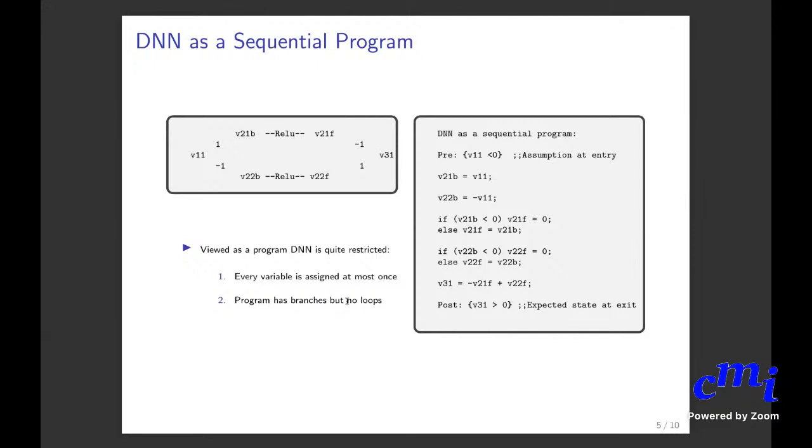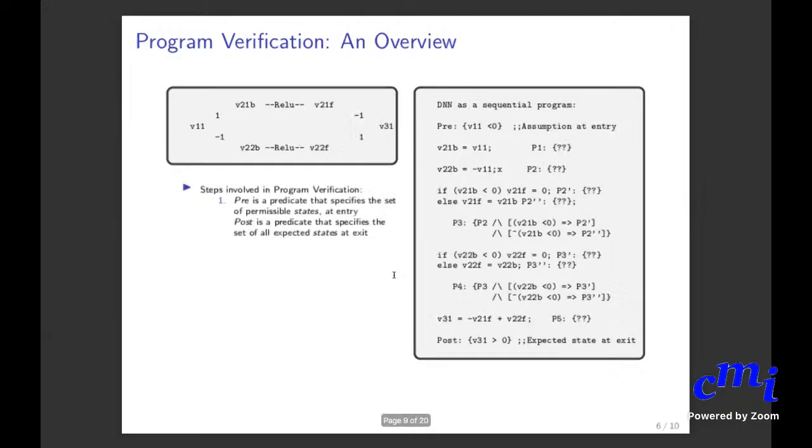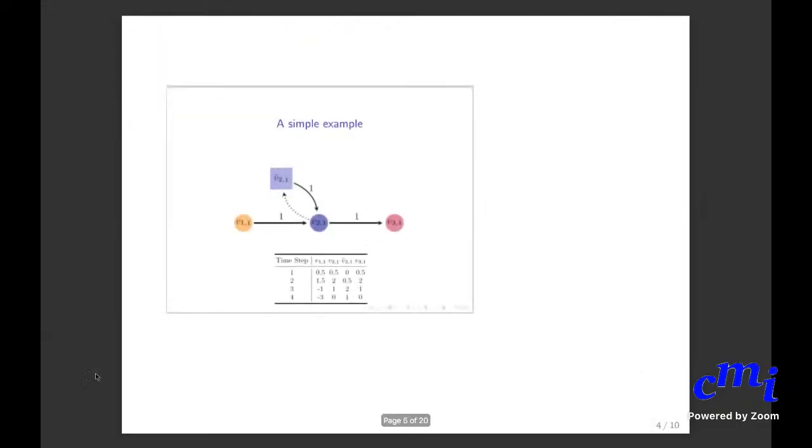I mean, it has branches, but no loops. And every variable here is assigned at most once. But there are other models, not only variations of DNN, as well as other machine learning models, where the behavior could be as complex as a general purpose program.